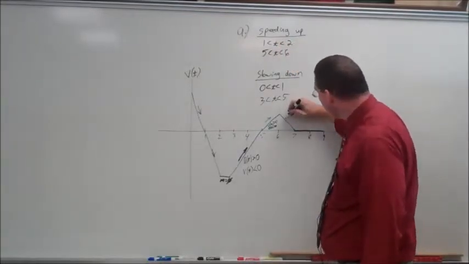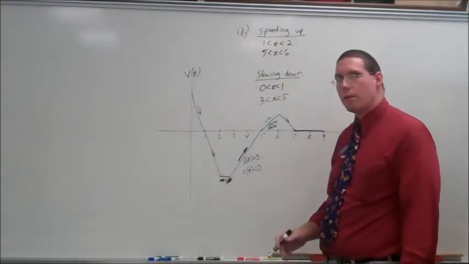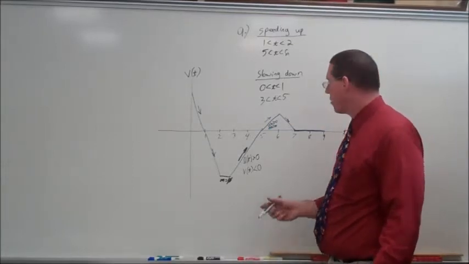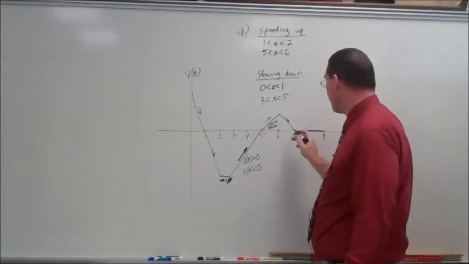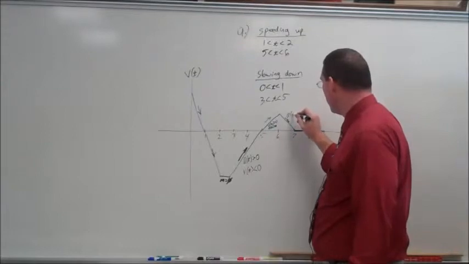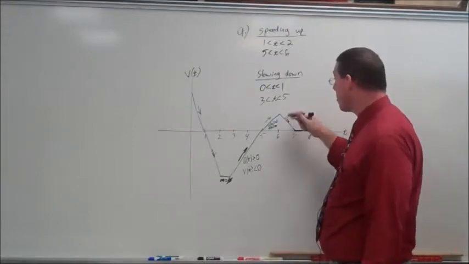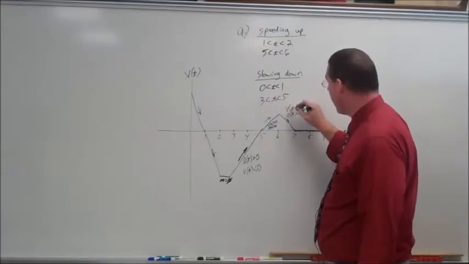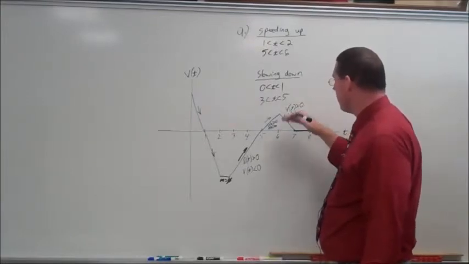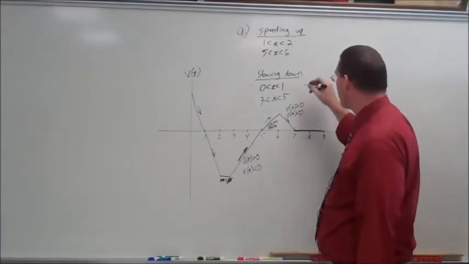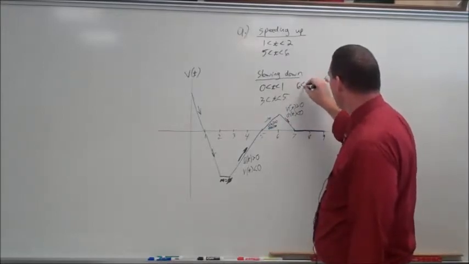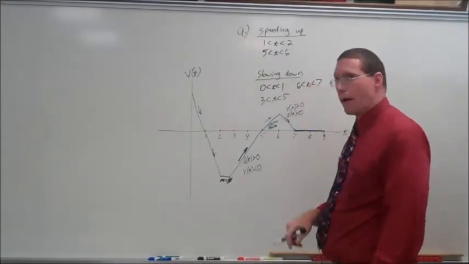But then at 6, look what happens to the slope of velocity. It becomes negative. And so the slope from 6 to 7 is negative, so a of t is less than 0, but velocity is greater than 0, it's above the t-axis. So it must be slowing down from 6 to 7 seconds.